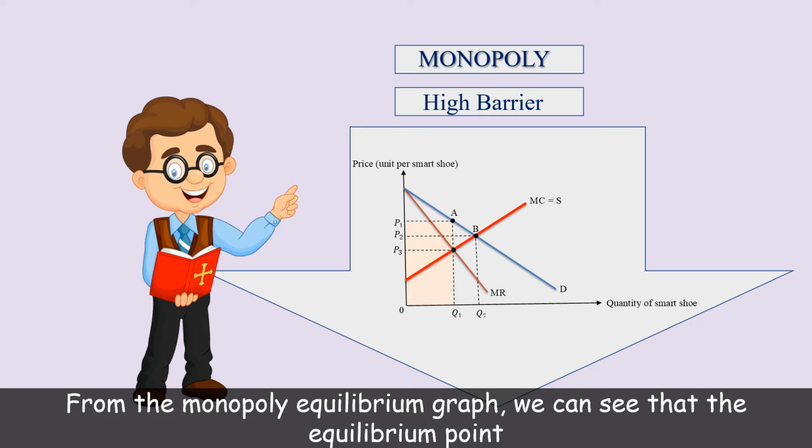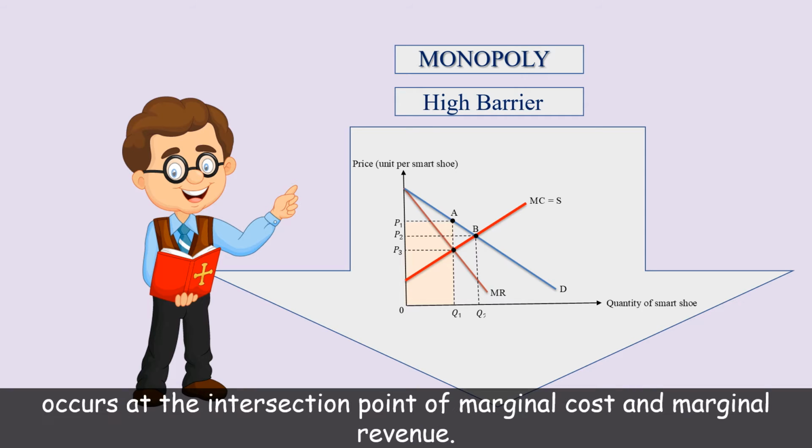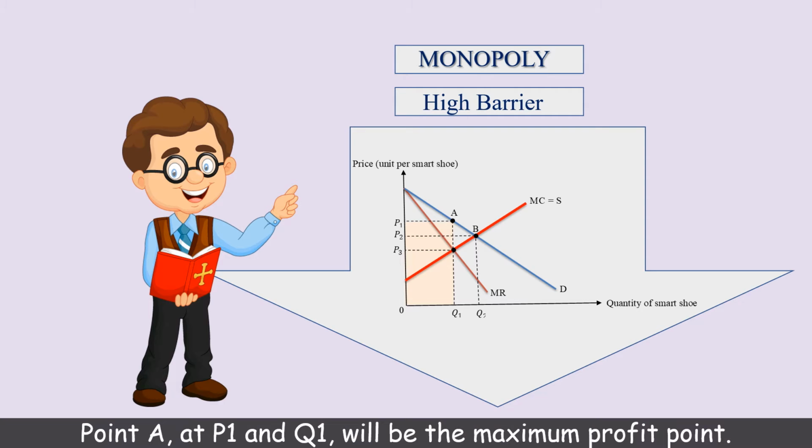From the monopoly equilibrium graph, we can see that the equilibrium point occurs at the intersection point of marginal cost and marginal revenue. Point A, at P1 and Q1, will be the maximum profit point.